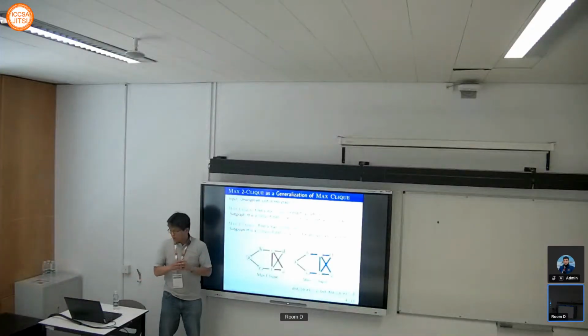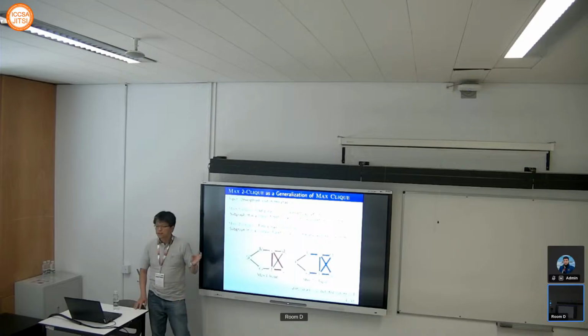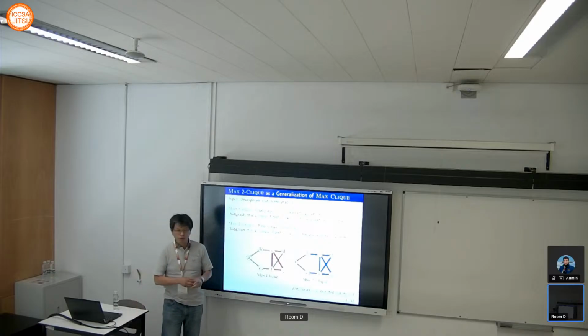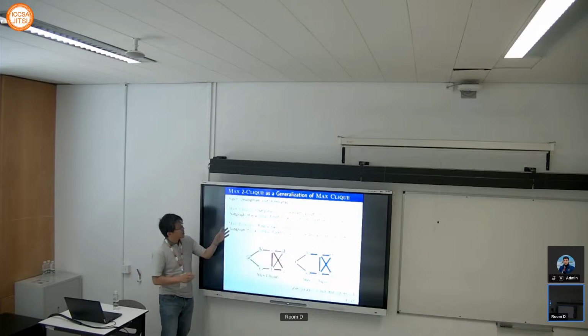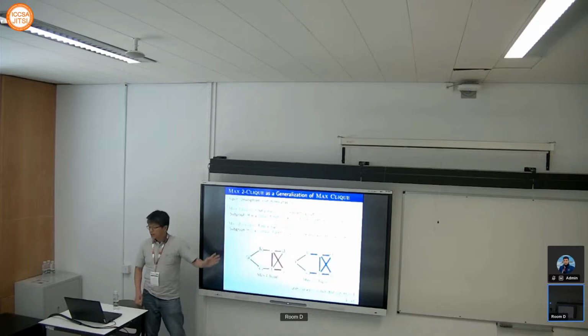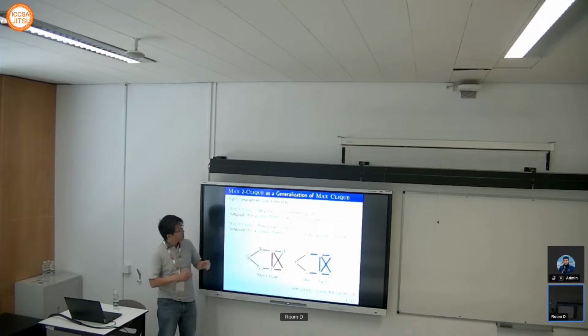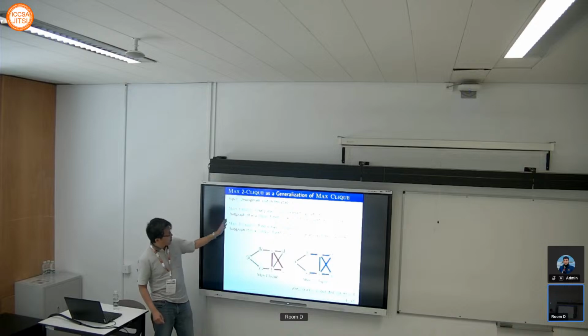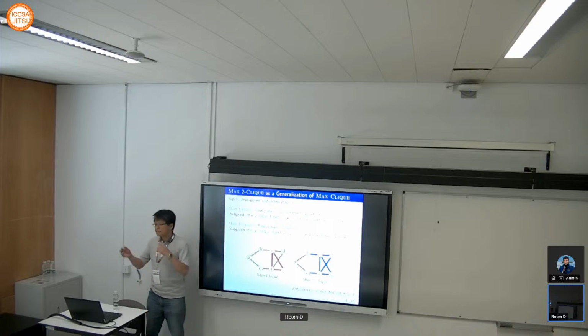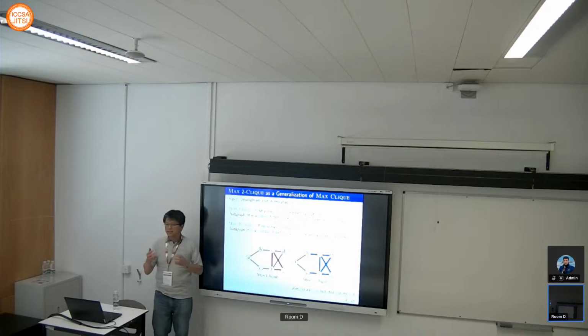The problem max 2-click is a generalization of the well-known problem max click. Here, the input is an unweighted and undirected graph. The max click problem is to find a maximum click in the input graph. A subgraph is a click if the distance between any two vertices is 1 in the subgraph.